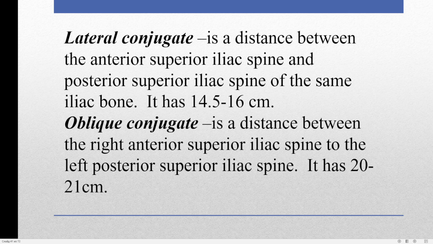It is 14.5 to 16 centimeters, and of course it must be the same on both sides of the body. Another additional size is the oblique conjugate, the distance between the right anterior superior iliac spine and the left posterior superior iliac spine. It is 20 to 21 centimeters and again must be the same on both sides.